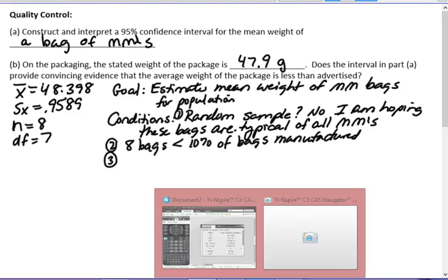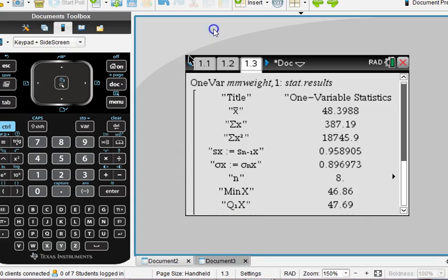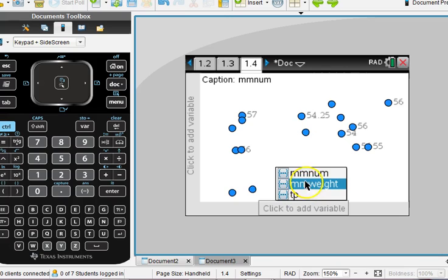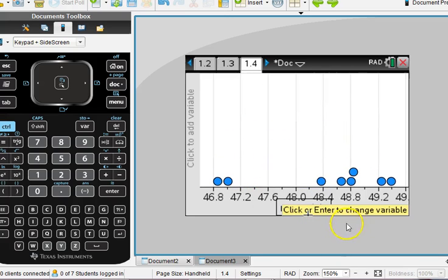Let's do a data and statistics page. I want to make a graph of my M&M weights. Okay, now only 8 bags. This is not necessarily looking terribly like it came from a normal model. It looks a little bit skewed. I have a couple numbers that might be outliers.